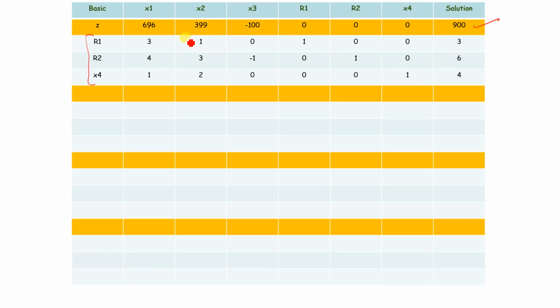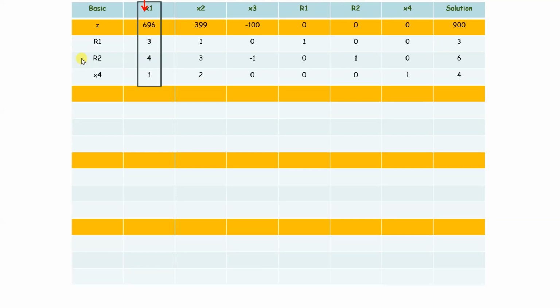Since this is a minimization problem, we have to find the variable in the z row with the most positive coefficient, and that would be the candidate for the entering basic variable. In this case, the coefficient of x1 is most positive, so x1 is going to enter as a basic variable.